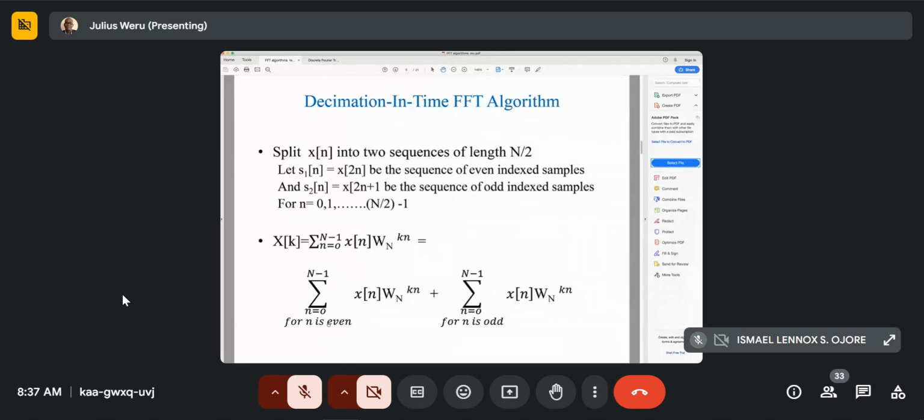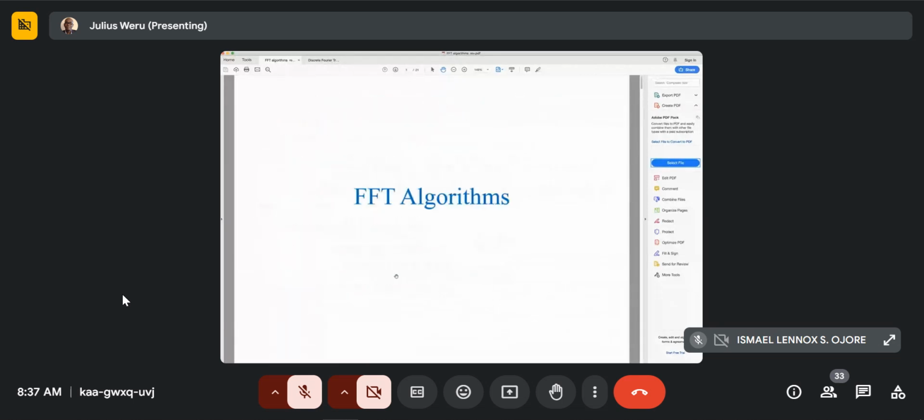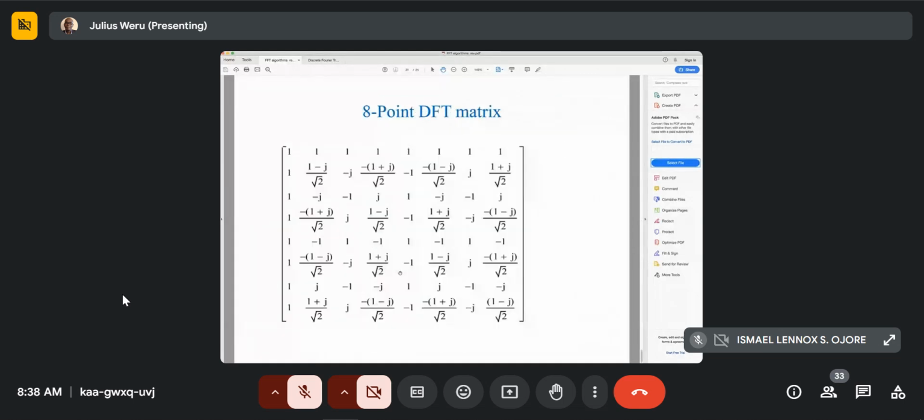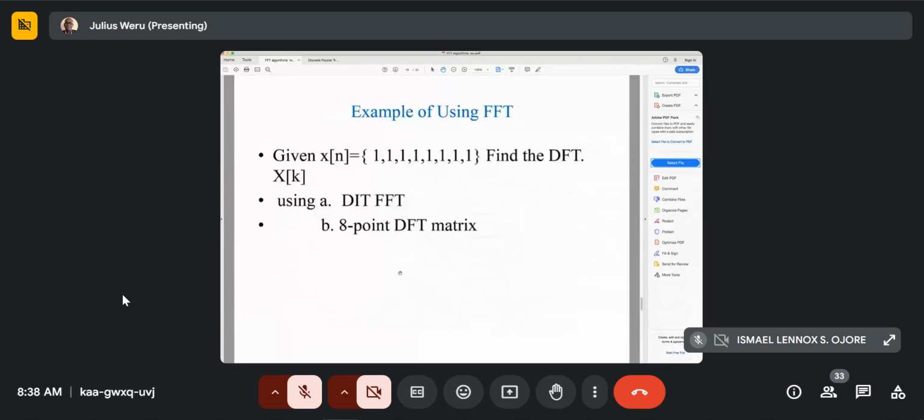By even, we mean the samples. I think we should have a sample somewhere. This is not a good one, everything is 1. We are saying the index n is equal to 0, 1, 2, 3, 4, 5, 6, 7.